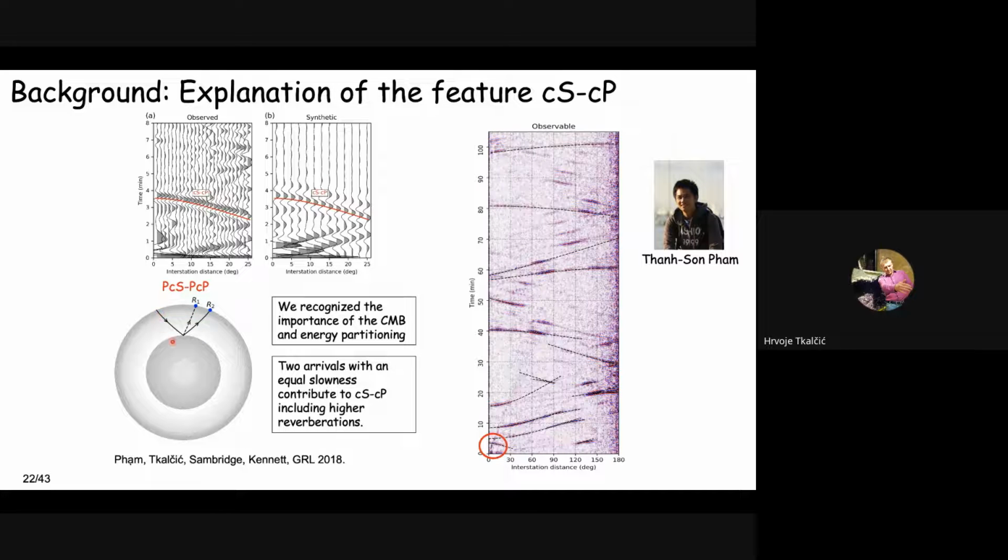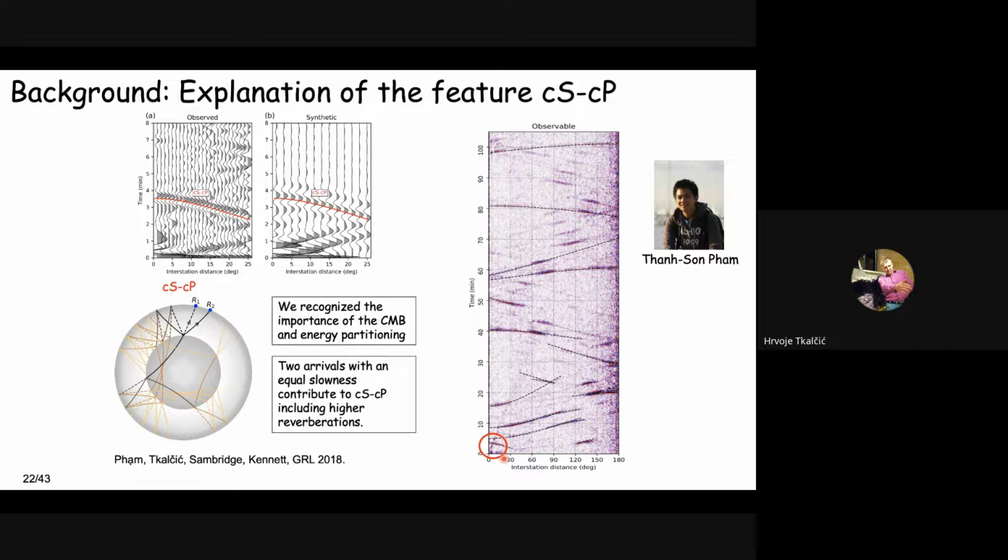And not only that, but any source anywhere else on the Earth with these two legs in common, but with all these other legs that are different, they only contribute to these two arrivals with the same slowness. They will also contribute to the peak in the cross-correlation function. So basically, everything that is similar, which arrives at the same slowness to R1 and R2, is going to give rise to this correlation feature that we observed in the global parallelogram.